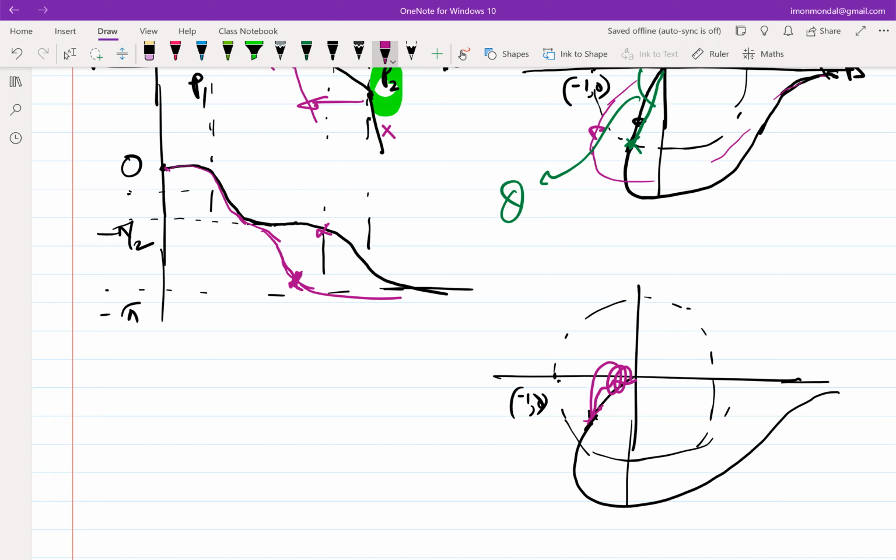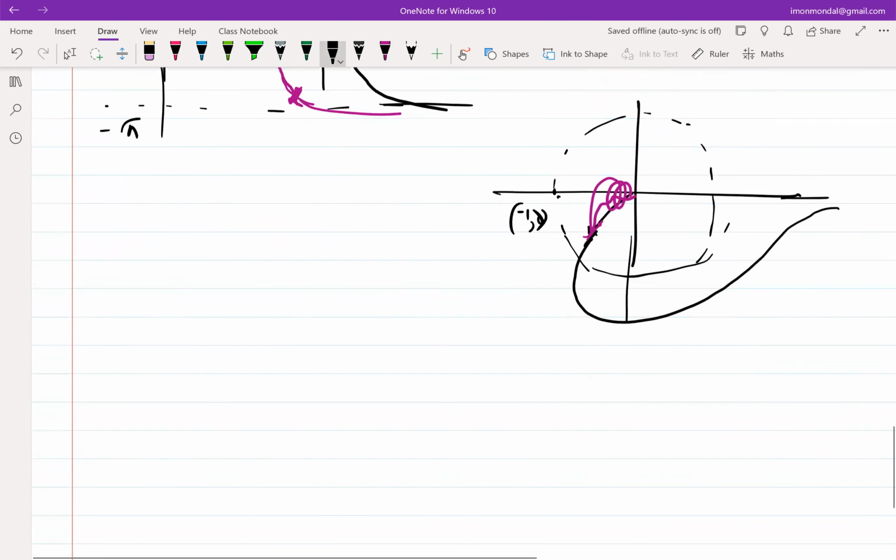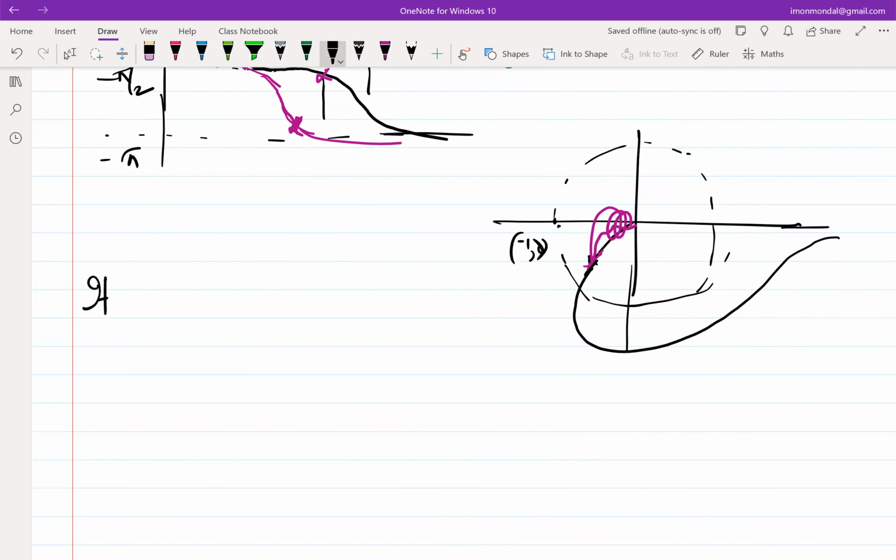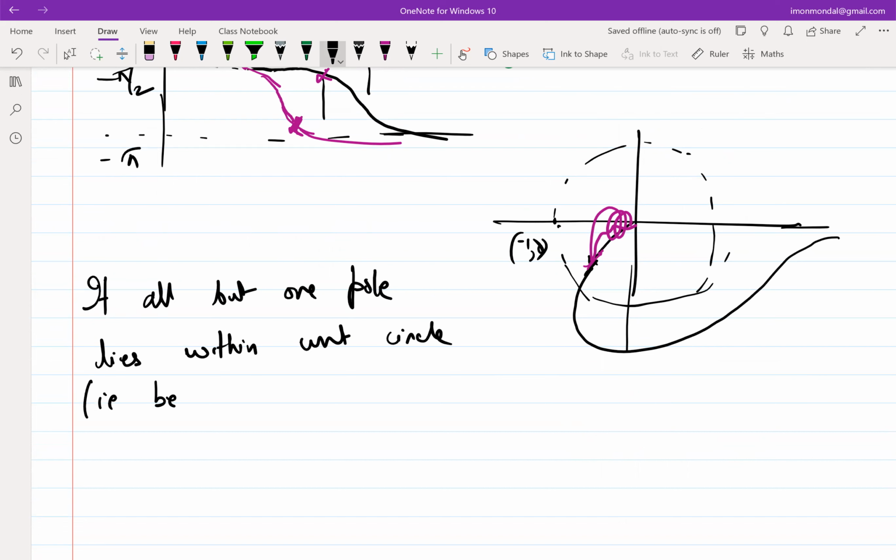Which essentially means the conclusion is: if all but one pole lie within the unit circle, that is, before UGB, our system is stable. Okay, is likely to be stable, because we have to put that caveat.